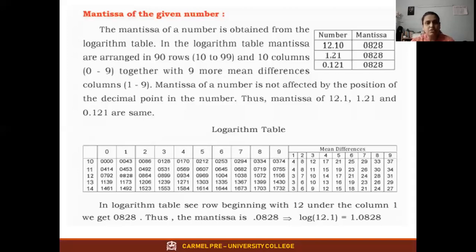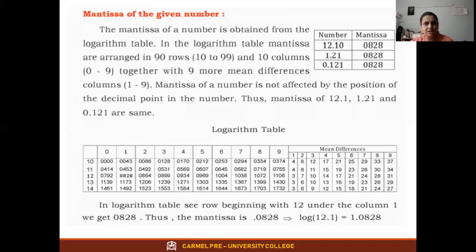Can you see 0, 1, 2, 3, 4? Under 1 you see the value. For 12 and 1, what is the value? 0828. That is the third row and second column, corresponding to 12 and 1.